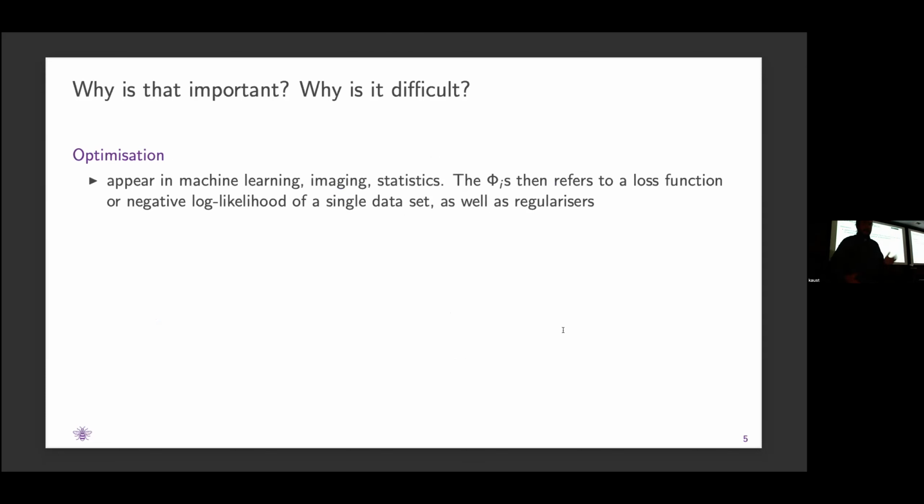Okay, where do these problems appear? Optimization, especially in machine learning or imaging statistics, where these phi i's probably refer to single data sets, or to single pixels in an image, and I may have many of those. And one of them may actually be a regularizer that I then have to care about as well.